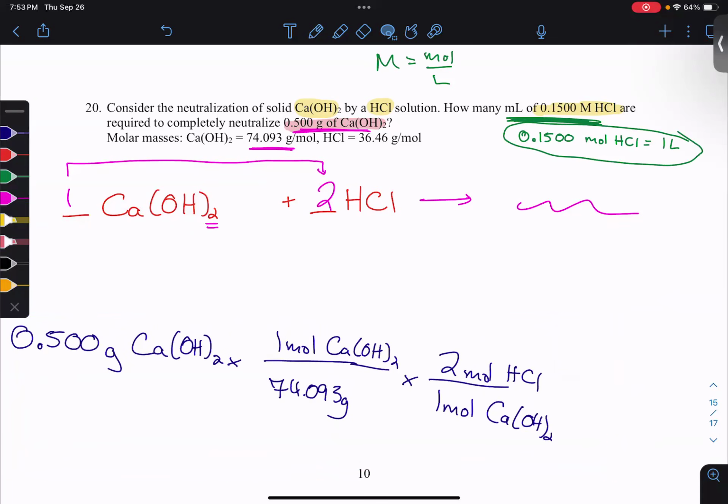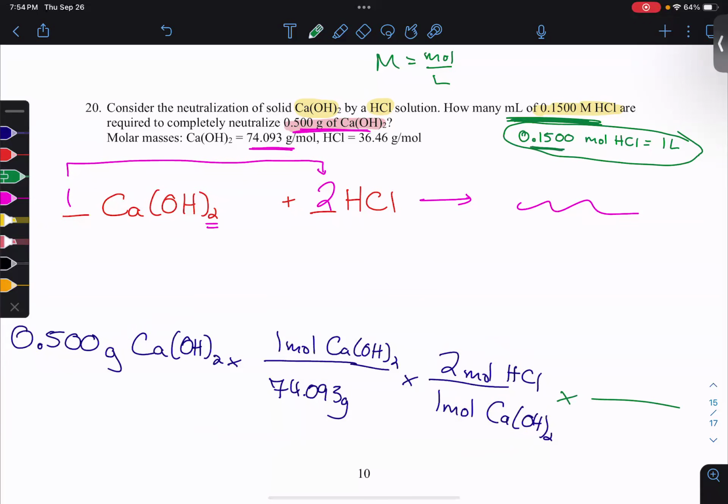All right, so look at this equality that came from concentration. I have a mole amount of HCl and it relates to a liter amount. What unit am I in right now? Moles of HCl. So do you see what I'm gonna do next? So instead of using molar mass to convert to grams, I'm gonna use concentration to convert to volume instead.